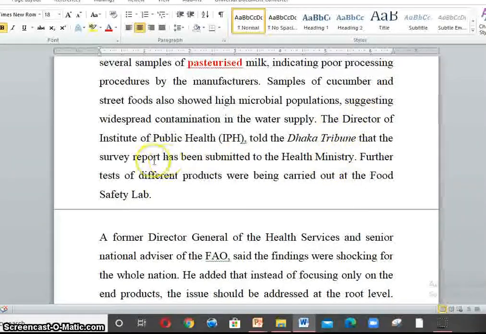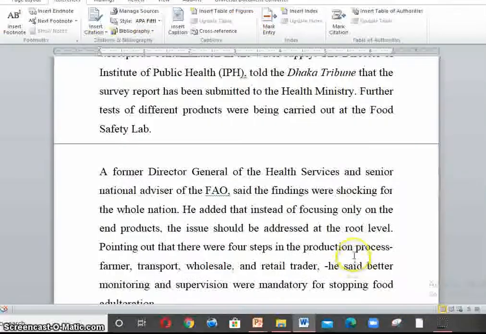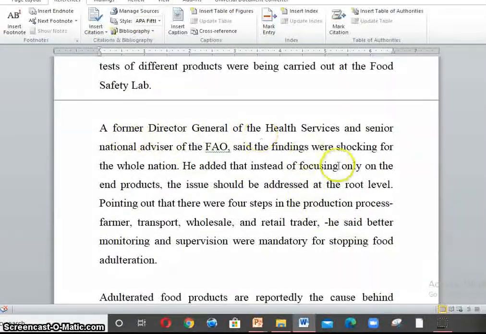And then you see the Director of the Institute of Public Health, IPH, told the Dhaka Tribune that the survey report has been submitted to the Health Ministry. Then the former Director General of the Health Services and Senior National Advisor of the Food and Agriculture Organization said they got the findings, and the findings were very much shocking for the whole nation.